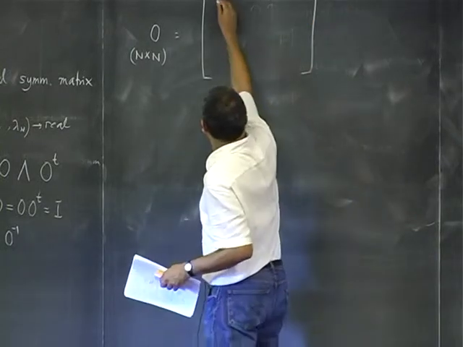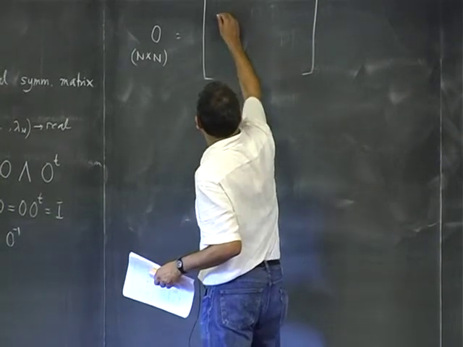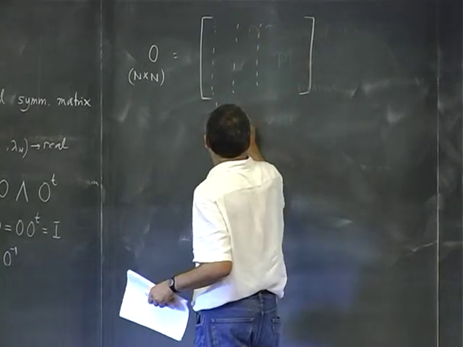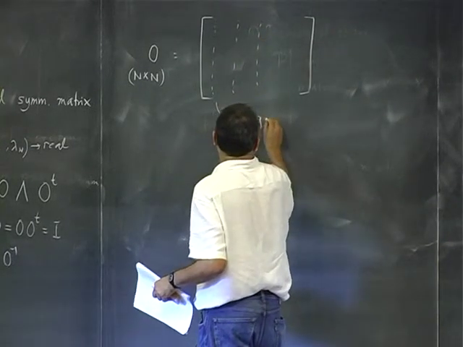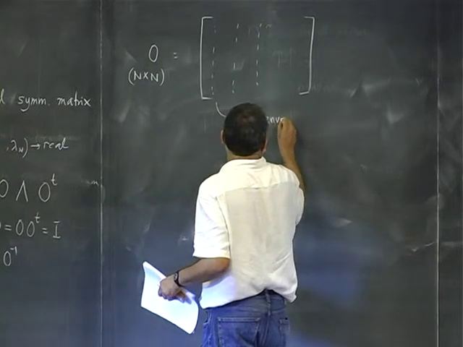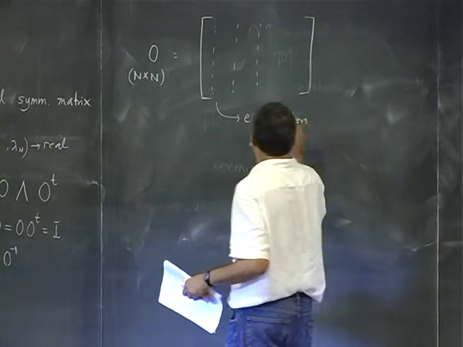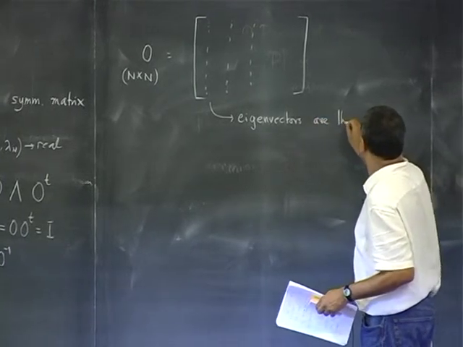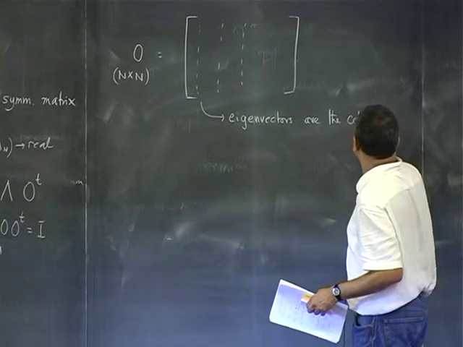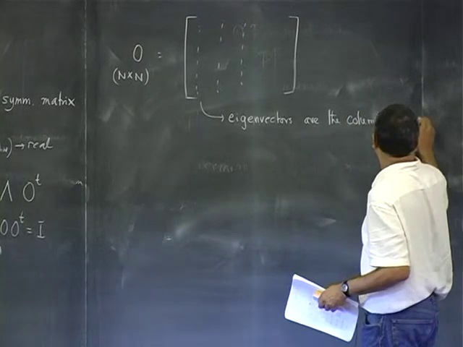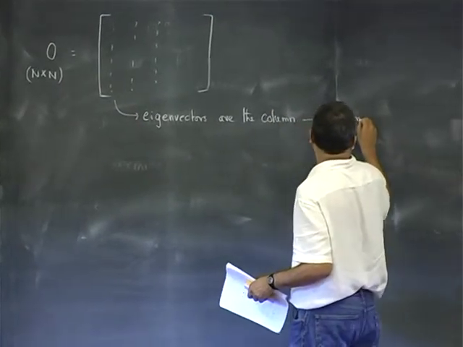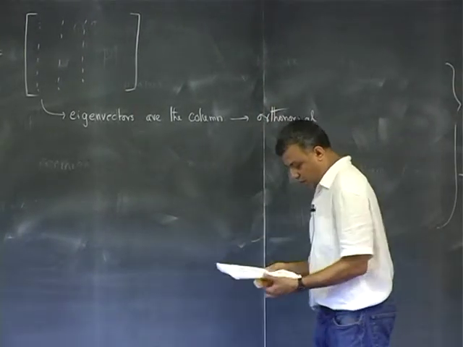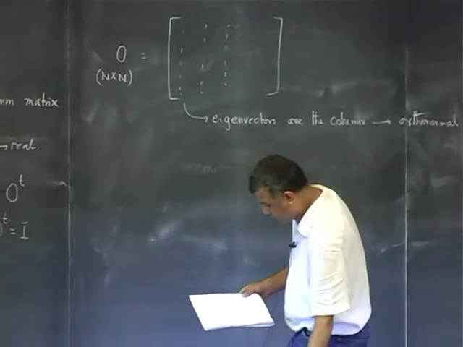And you recall that the columns of this matrix, these elements, are the eigenvectors, which are orthonormal.